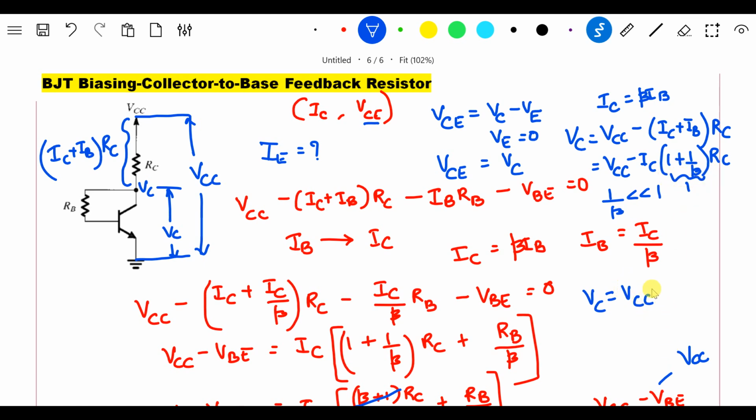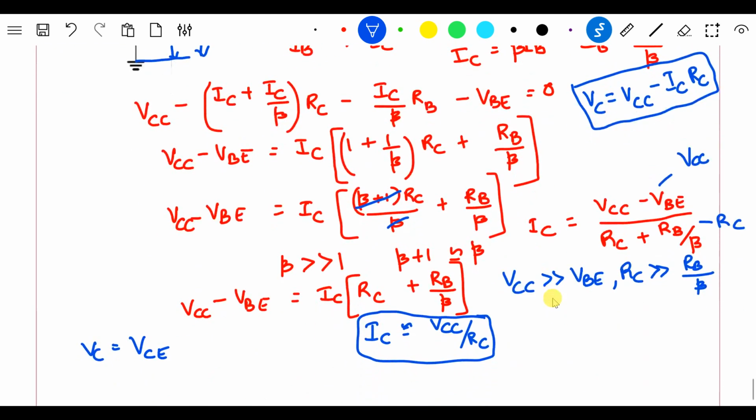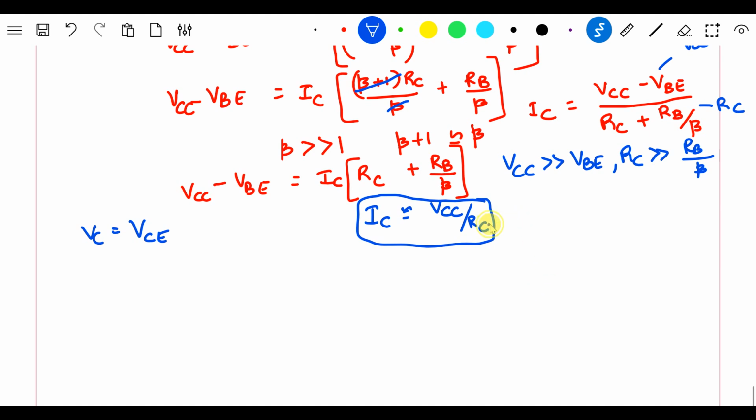So finally my VC will be equal to VCC minus IC RC only. This is the equation for VCE, and this is the equation for IC. These are the 2 values which we normally consider for locating the Q point in a DC load line.